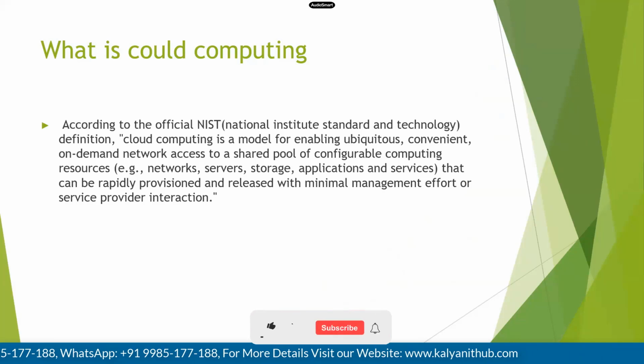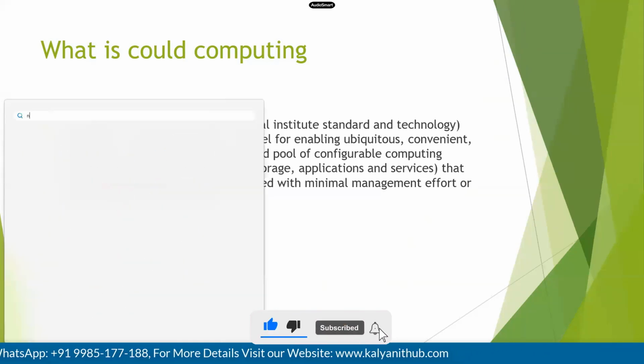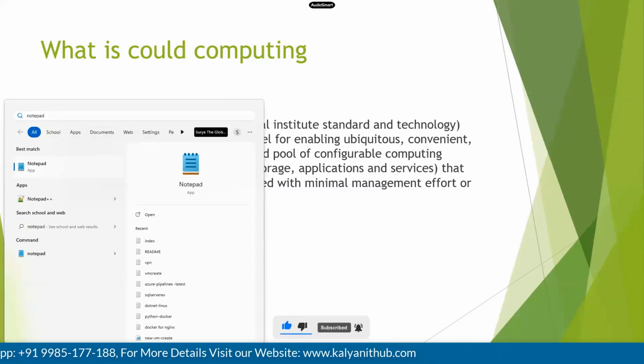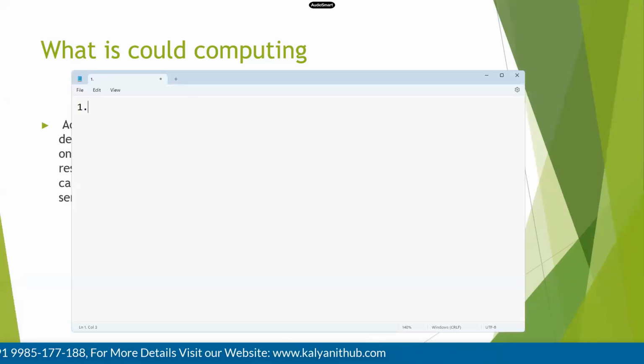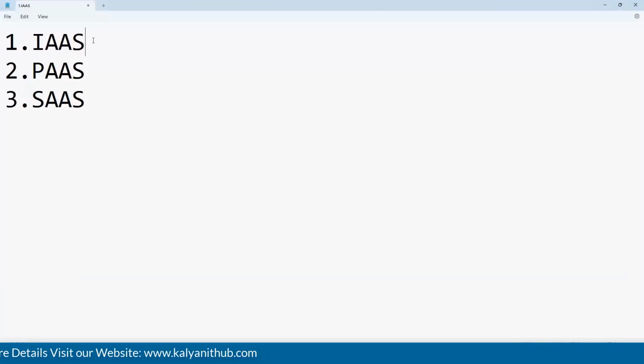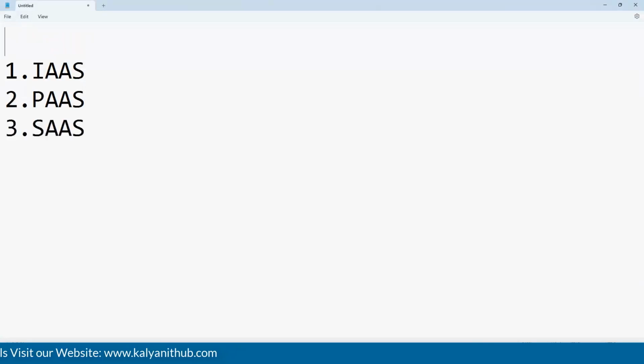Generally, in cloud computing, there are three cloud service models. What are they? One is IaaS, second is PaaS, third is SaaS. There are also three cloud deployment models.